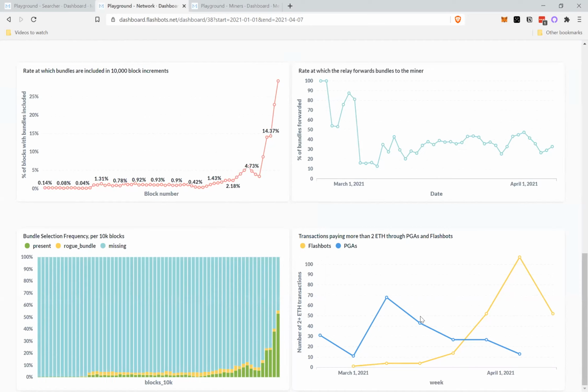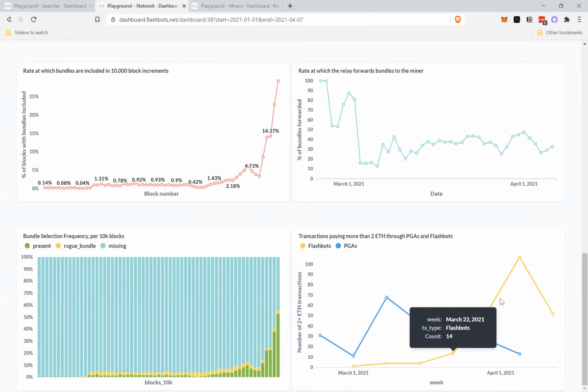And this is a super meaningful and interesting graph that Scott made, which looks at the amount of transactions on the normal mempool, not through Flashbots, that are paying more than 2 ETH. And you can guess that they're doing this because they're engaging in priority gas auctions. And then the amount of transactions through Flashbots that have paid more than 2 ETH as part of their payment. There's sort of an inverse correlation that you can look at here.